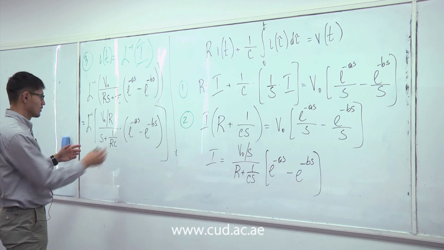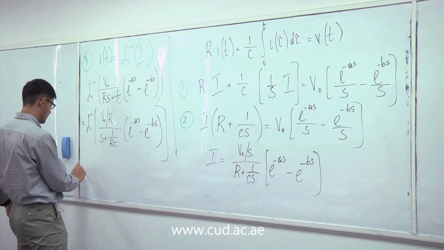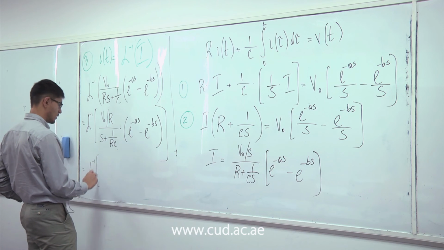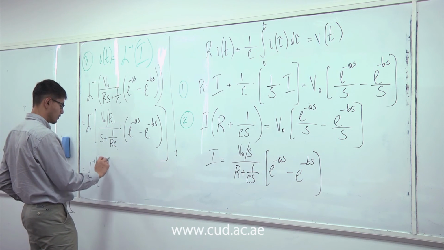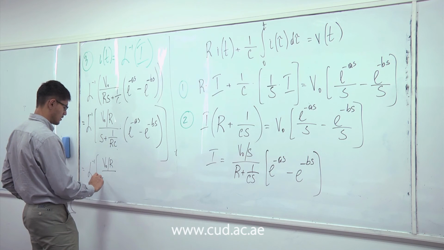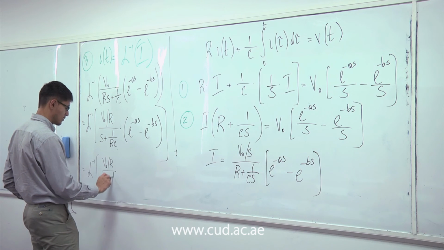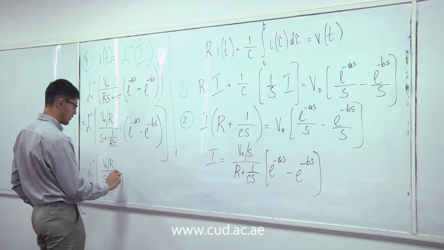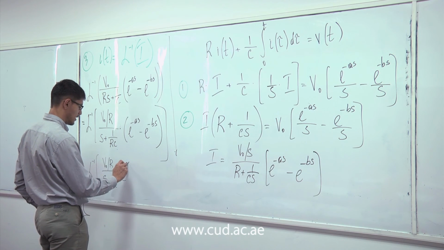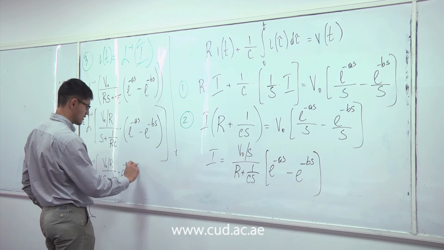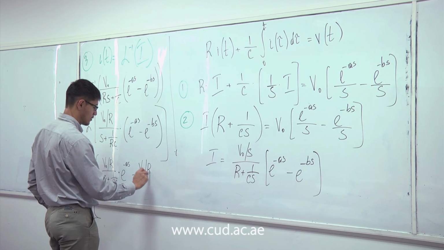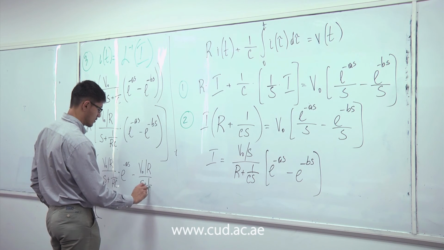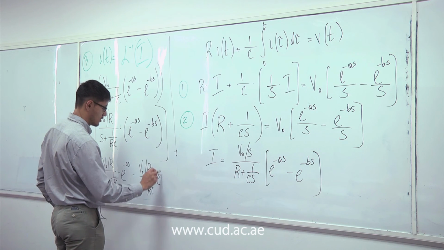Now, let me split this into two parts so you can see clearly what's going on. So I have v naught divided by r, s plus 1 over rc times e to the minus as, and minus v naught over r, s plus 1 over rc.